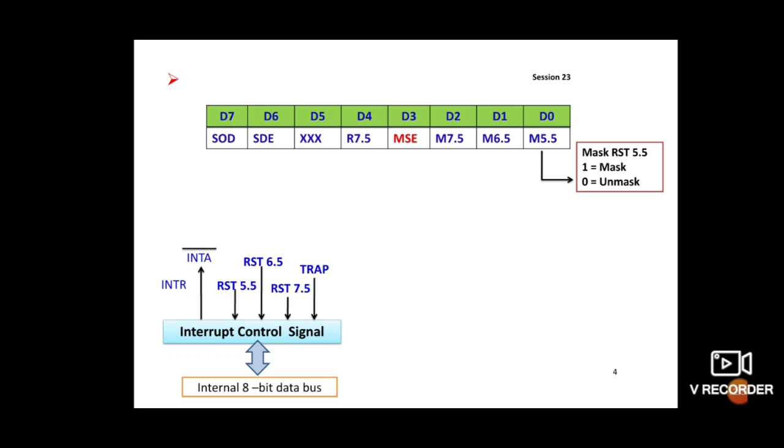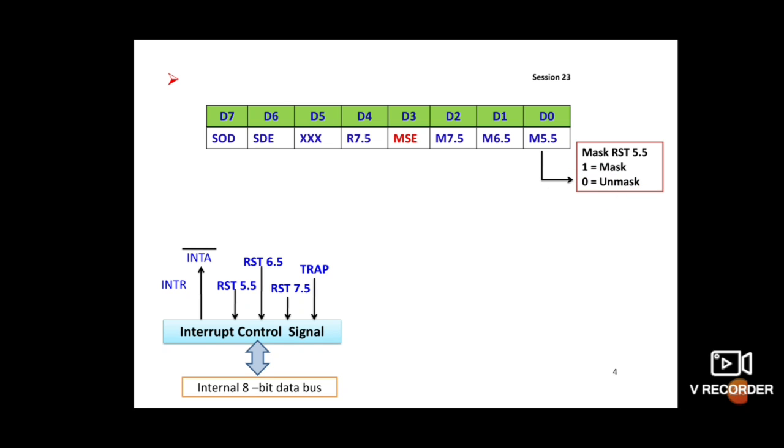Now see M5.5. What is this M? M means mask. M5.5, mask RST 5.5. This is a pin for a hardware interrupt. Now 1 indicates mask, 0 indicates unmasked.